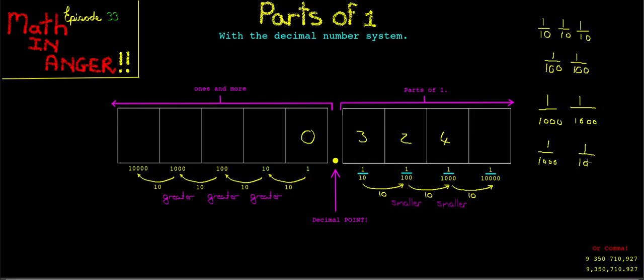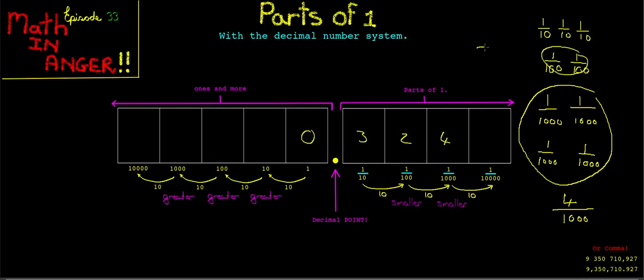And again, as I showed you in episode 3, if you count these together, you have 4 1000ths. And these, that's 2 100ths and 3 tenths.